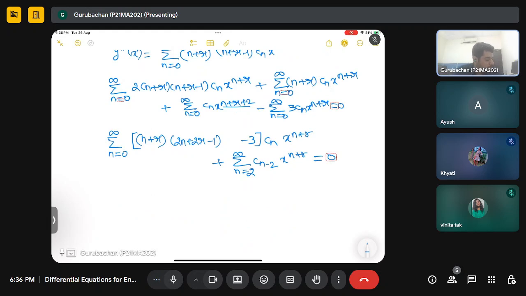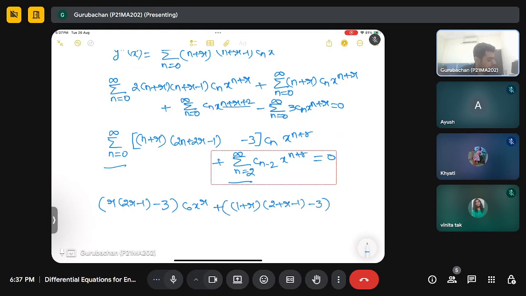Since one series starts from n equal to 2 and the other from n equal to 0, we take out the terms for n equal to 0 and n equal to 1. So it will be r(2r minus 1) minus 3, this times c naught x to the power r, plus for c1 you will get (1 plus r)(2 plus r minus 1) minus 3, this much times c1 x to the power r plus 1.